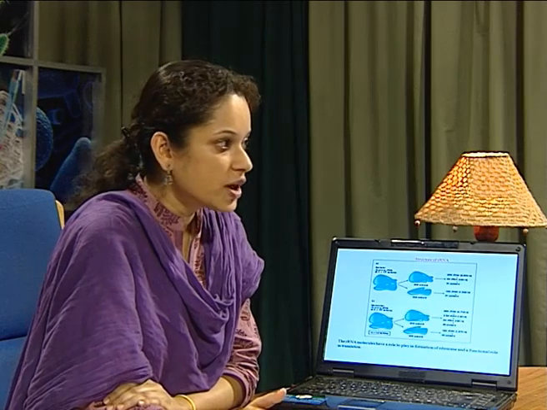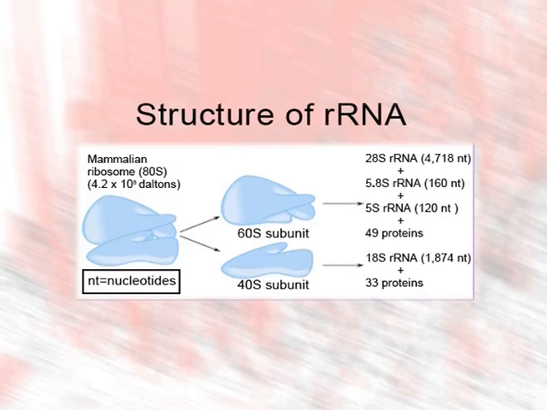Let us now move to the eukaryotic ribosomes. Eukaryotic ribosomes are of the 80S type. The 80S can further be divided into a 60S subunit and a 40S subunit. The 60S subunit consists of 28S rRNA, 5S rRNA, 5.8S rRNA along with certain proteins, while the 40S smaller subunit mainly consists of 18S rRNA along with certain proteins.